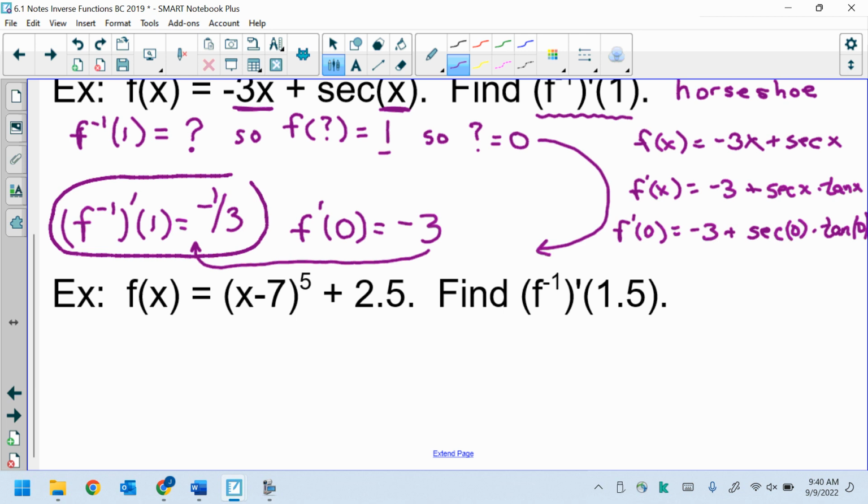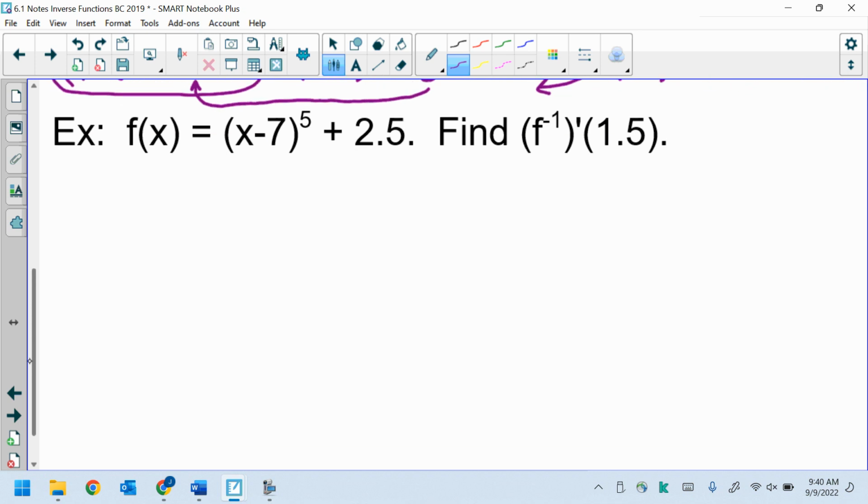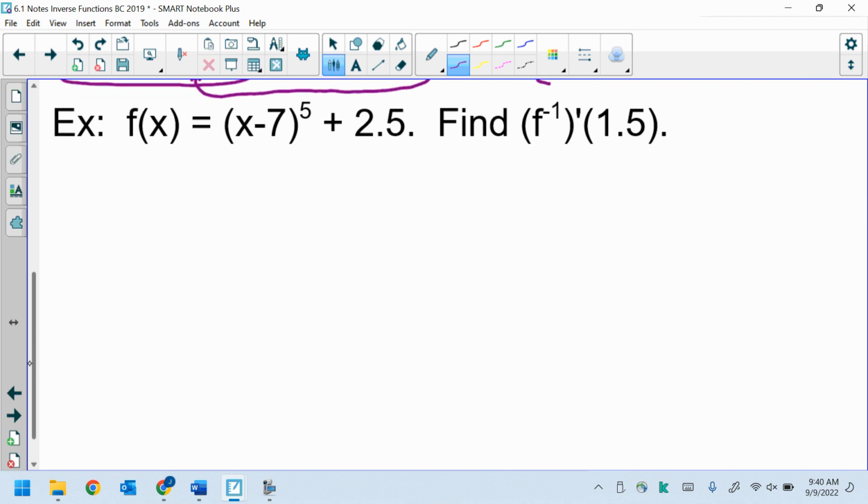Oh, that's going to take some practice. Well, let's practice it one more time. I've got this function here. It's going to be pretty tough to find the inverse. Maybe I could do it, but we're going to use the horseshoe method. I've got to find f inverse prime of 1.5. So I'm going to start by finding f inverse of 1.5.